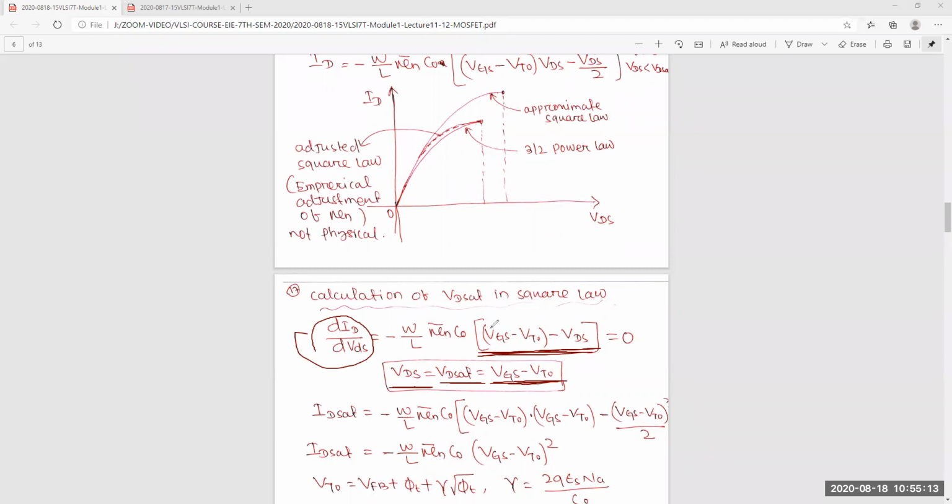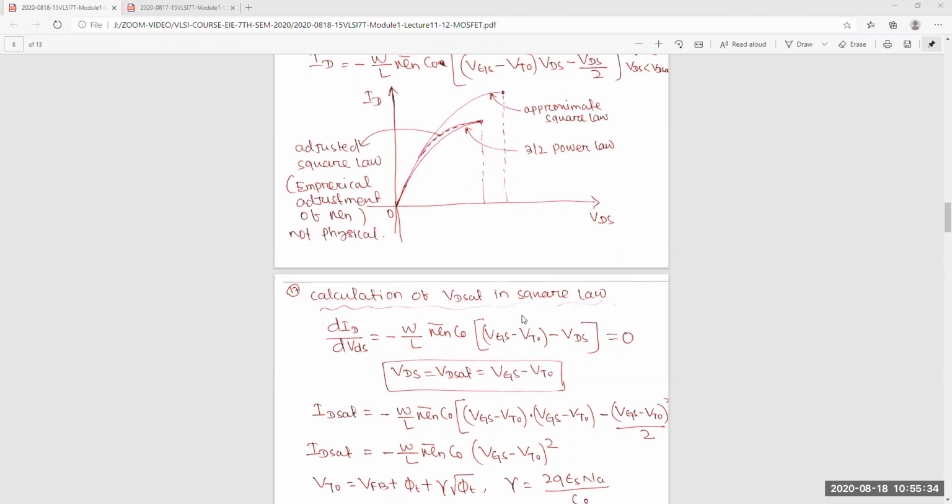Yes, sir. Clear. Here the slope is 0, that's why dou ID by dou VDS at this point is 0. By doing the differentiation you get this equation, and setting it to 0 we get this. So now VDSAT is equal to VGS minus VT0.